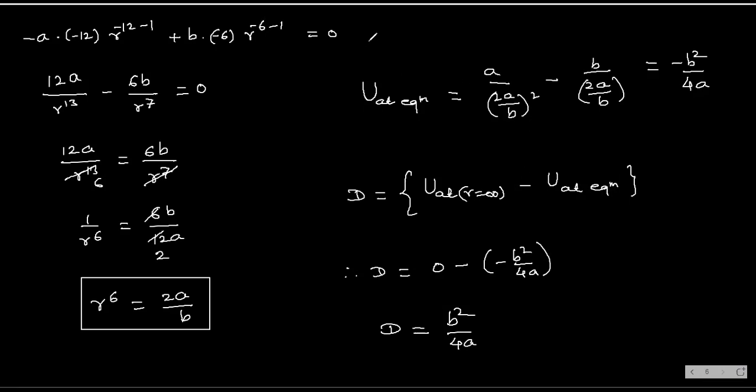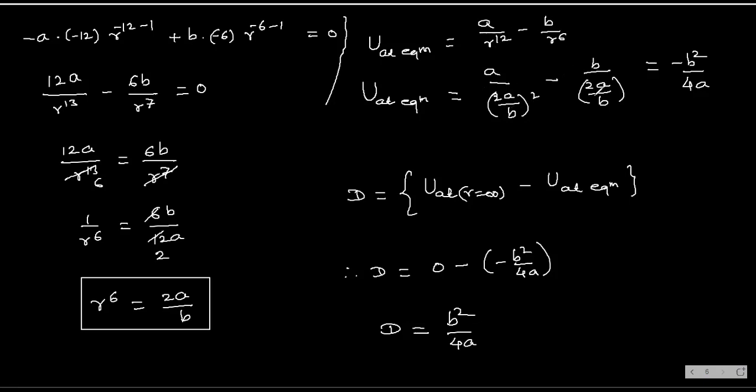Why did I write this, did you understand? Let me explain one more step. At equilibrium, the formula is A by R power 12 minus B by R power 6. We got R power 6, and here we want R power 12, so R power 6 whole square is R power 12.